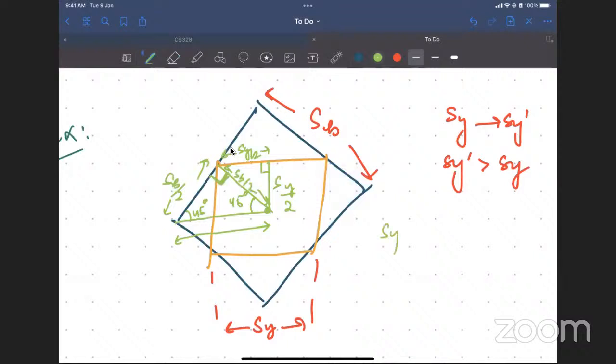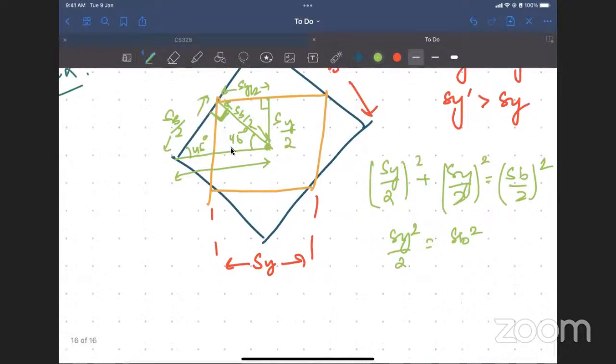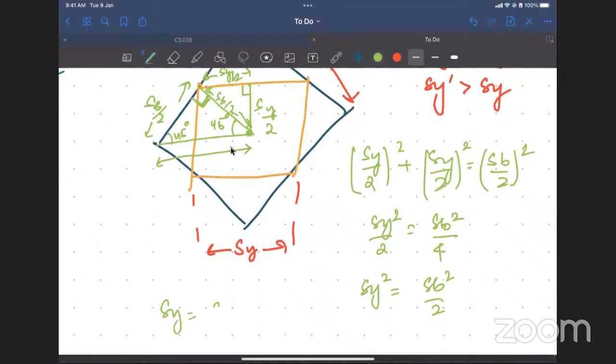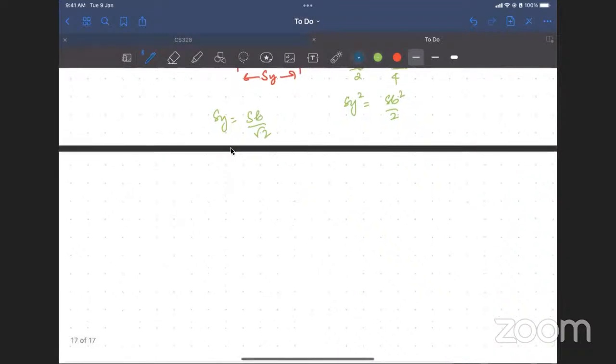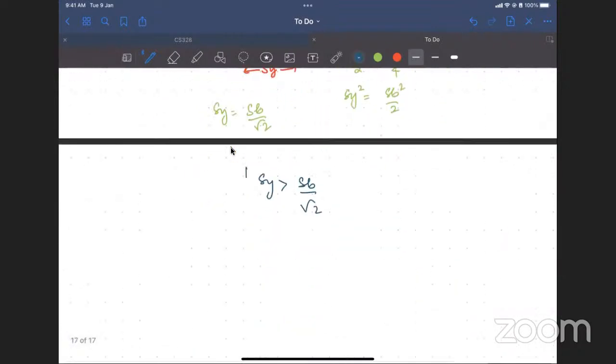Currently you have the relation, by Pythagoras theorem, that SY by 2 squared is equal to SB by 2 squared, and SY is equal to SB by root 2. If I have a condition where SY is greater than SB by root 2, then the yellow square will go out of the blue square. So this condition is favorable.